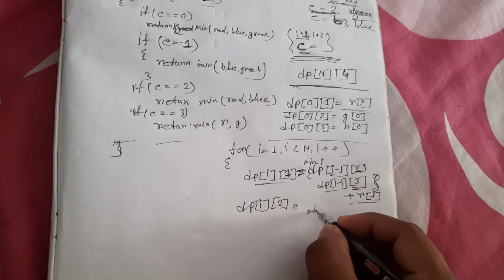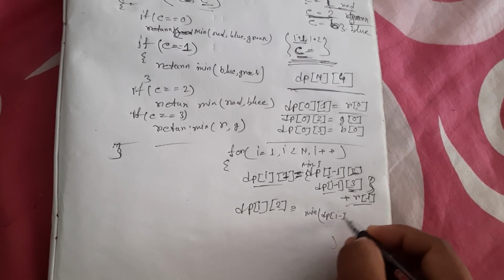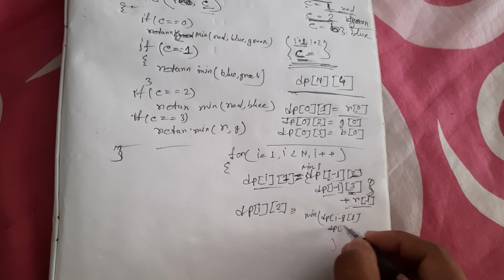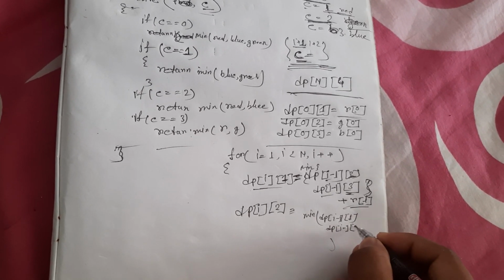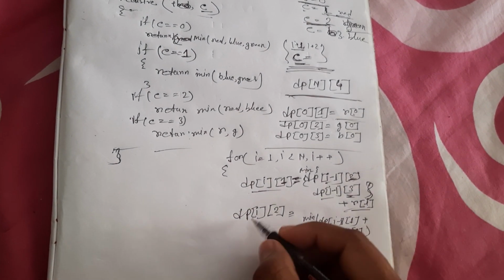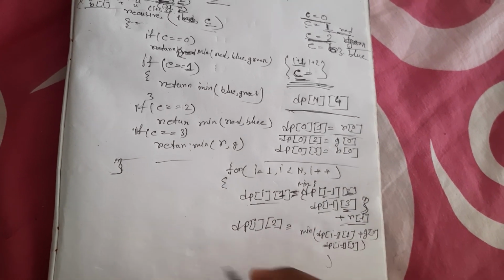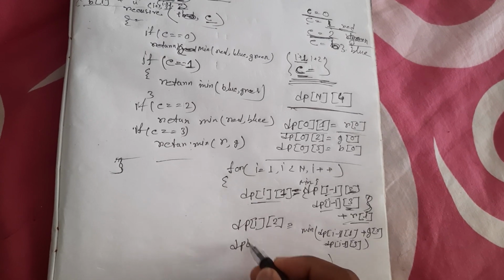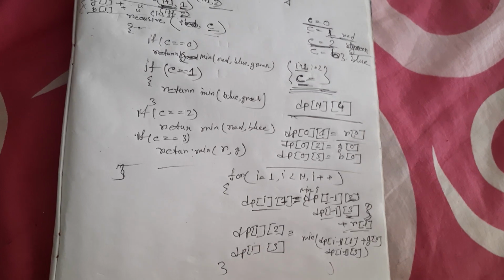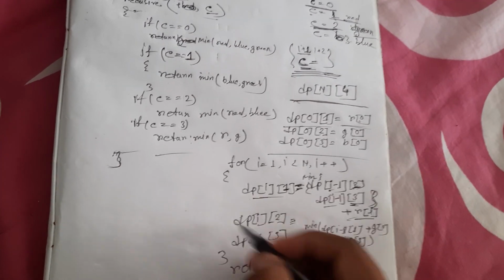The minimum of choosing red previously, DP of I minus 1, 1, or DP of I minus 1, 3, and add that you are choosing green here, so add G of I. And for blue also we will get DP of I comma 3.